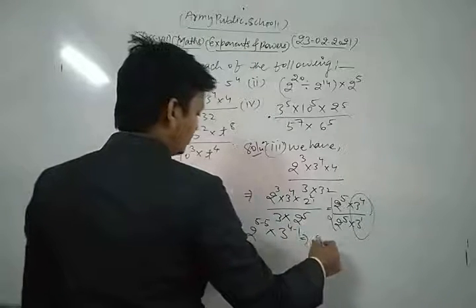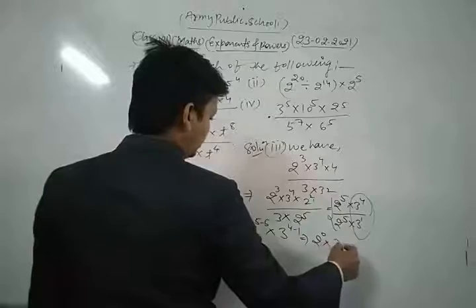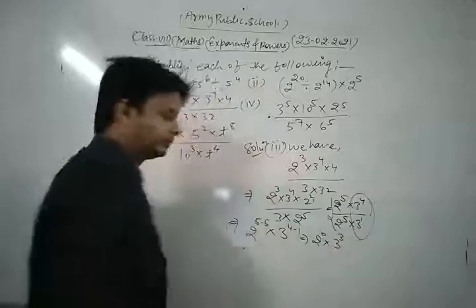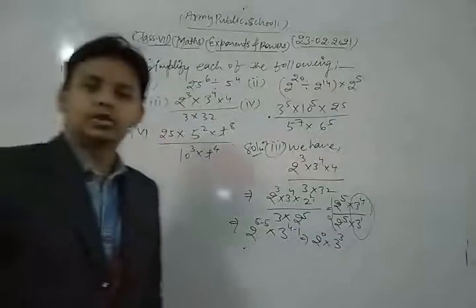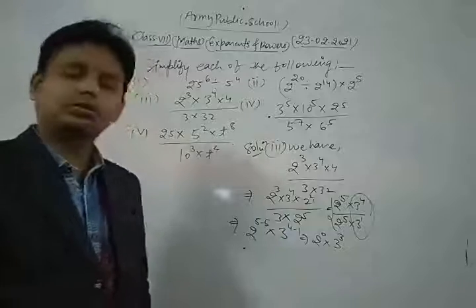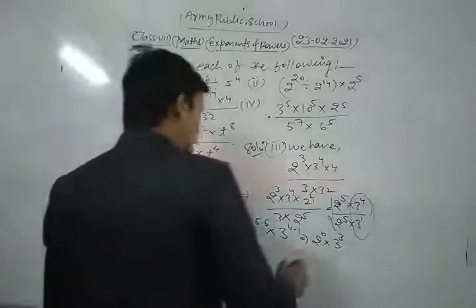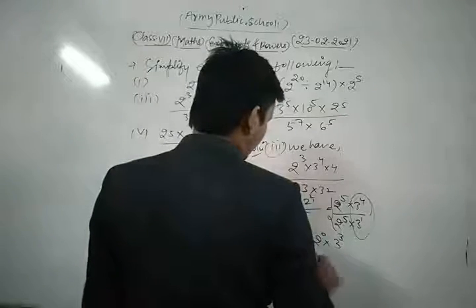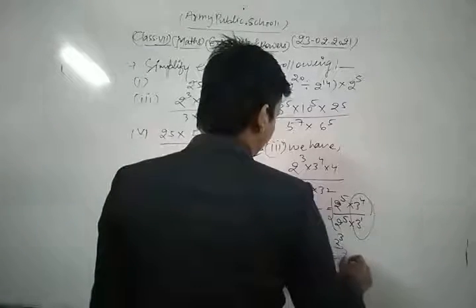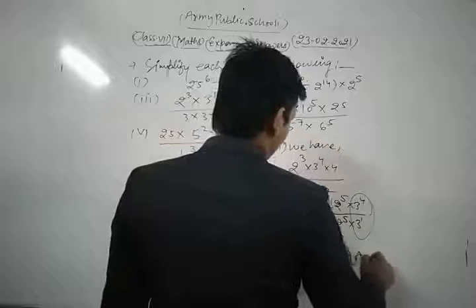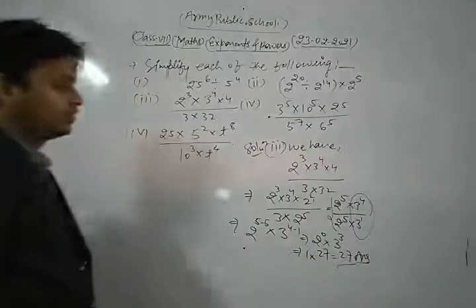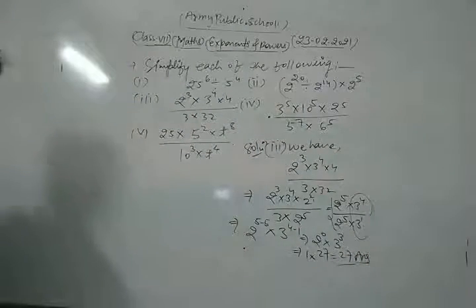So we get 2 power 0 into 3 power 3. And you know, dear friend, that any number to the power 0 has the value 1, and 3 power 3 is 3 into 3 into 3, 9, 27. So 1 into 27, the required answer is 27. Okay, so this is the required solution of the given question.